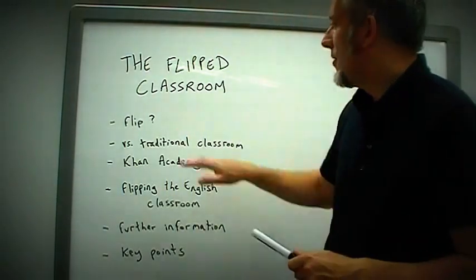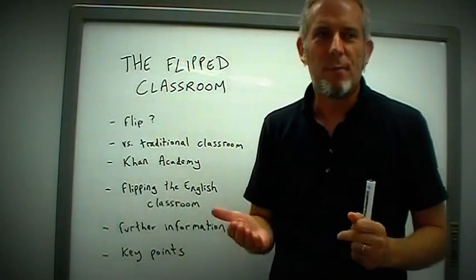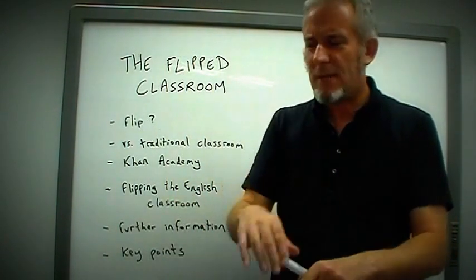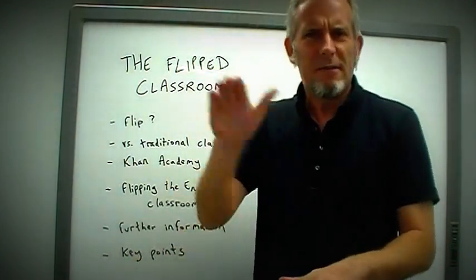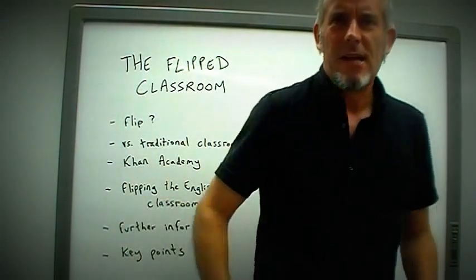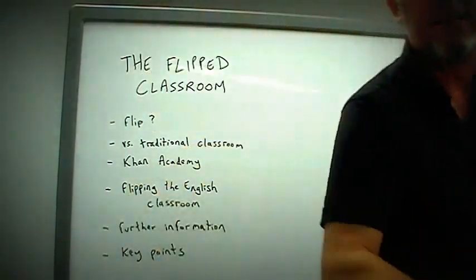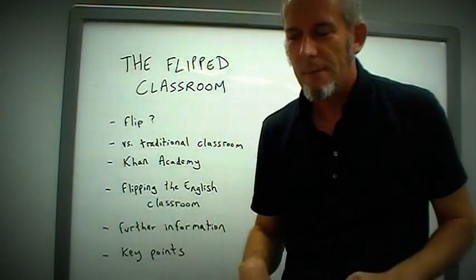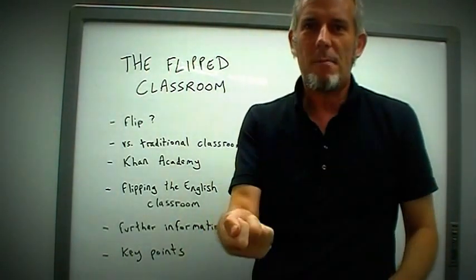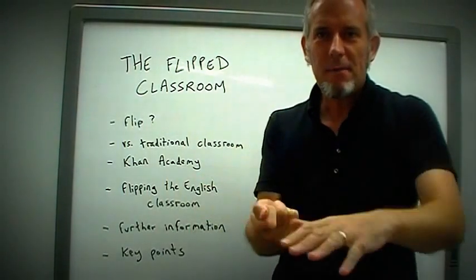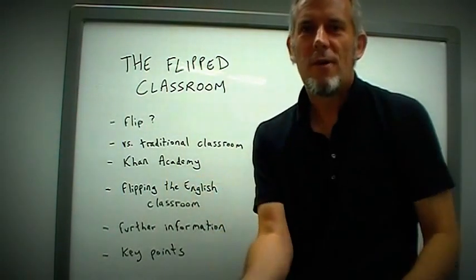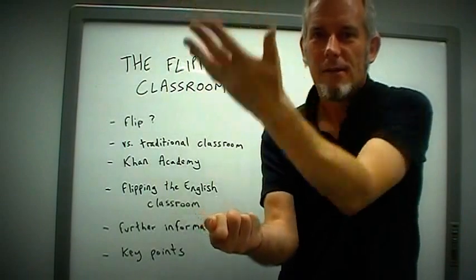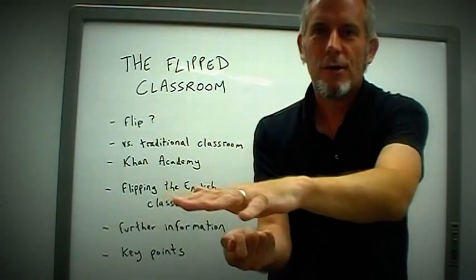Okay, so first I should explain flip. Flip is to turn something over, usually by kind of throwing it. If I was to go whoa like this and turn over all the way, that's called a backflip. If I was making a pancake in a frying pan, I cook one side, throw, it turns over, lands, cook the other side.